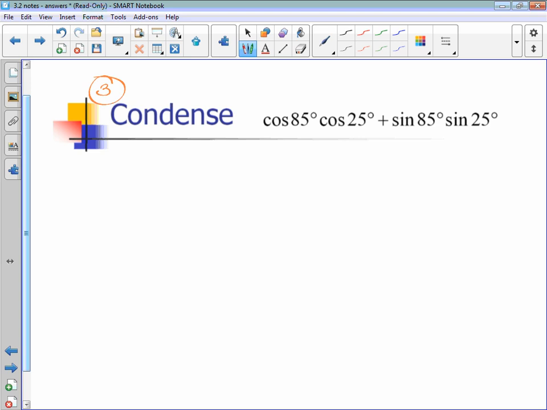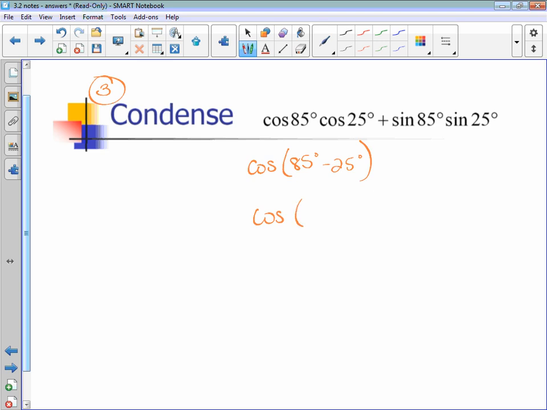So look at your formulas. Which one is a cosine cosine plus a sine sine? Cosine and then minusing the two angles, right? Okay. So what that means is this is really the same as cosine of 85 degrees minus 25 degrees.